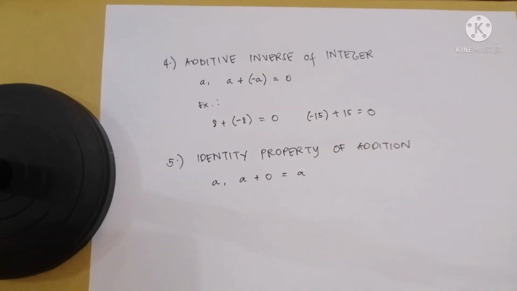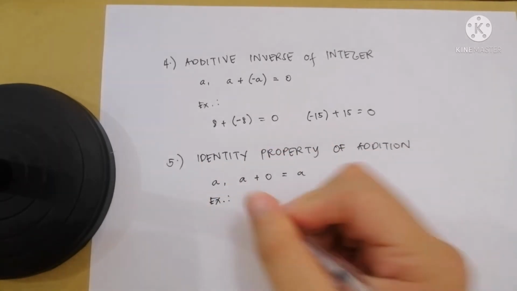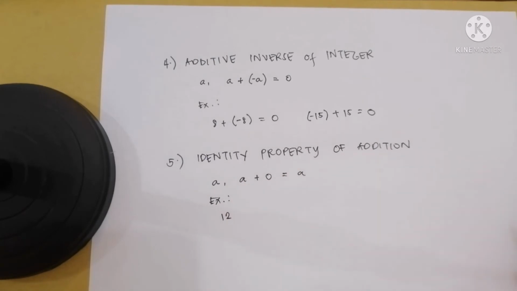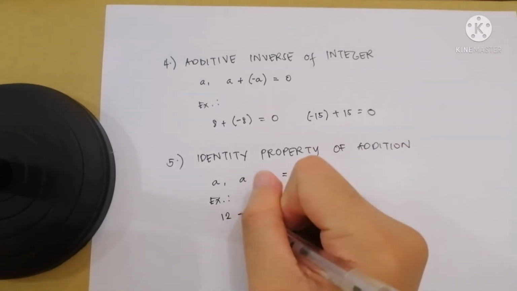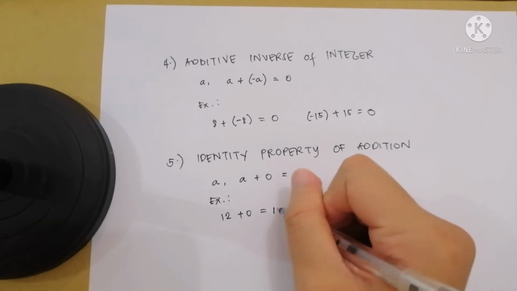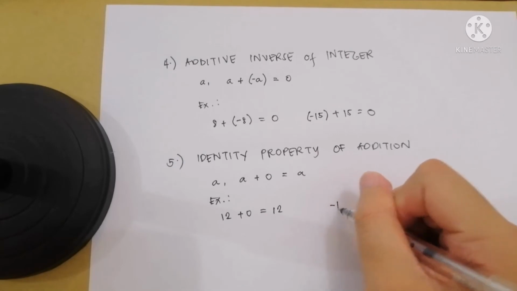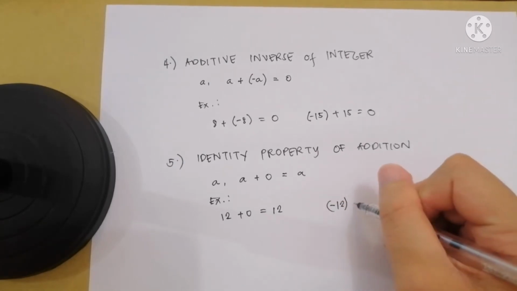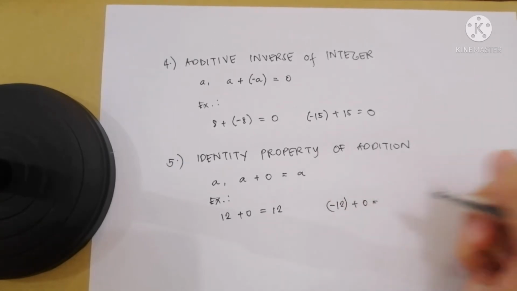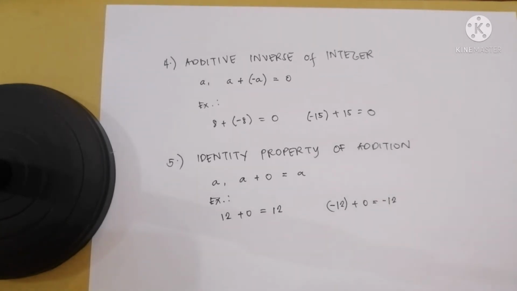So again, the identity element for addition is 0. For example, if you add 0 to positive 12, the sum is 12, of course. And if you add 0 to negative 12, the sum is negative 12.